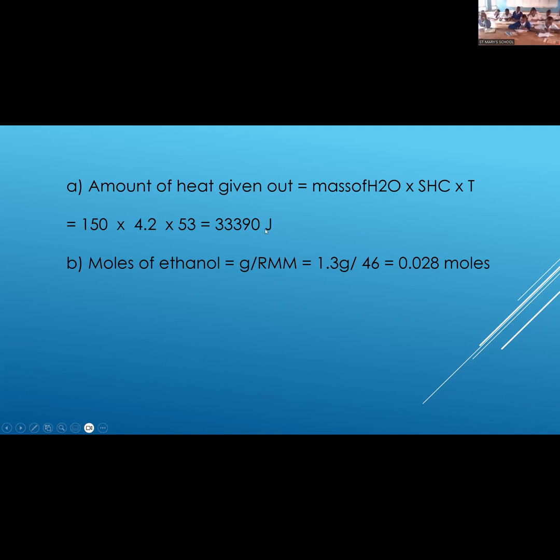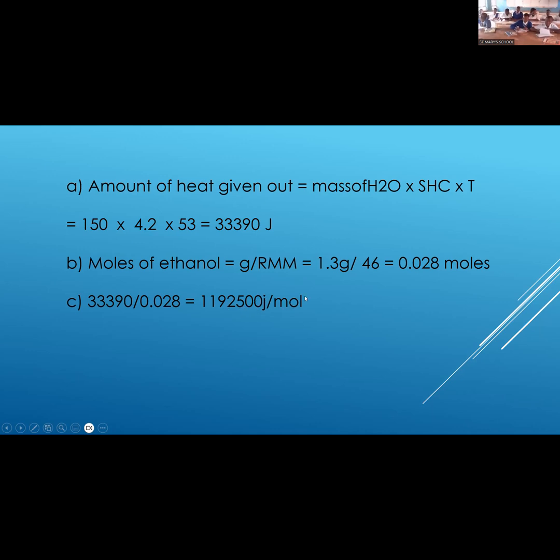Now, the molar enthalpy is that number, the amount of heat given out, divided by the number of moles. So it's 33390 divided by 0.028, which comes out as a huge number. But that's in joules. Oh, I'm sorry, that should be a capital J for joules.